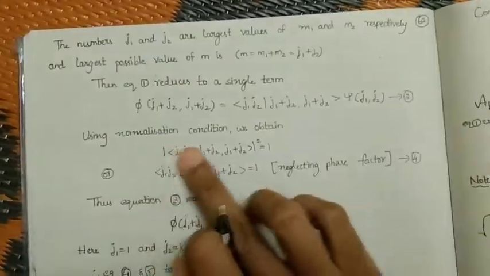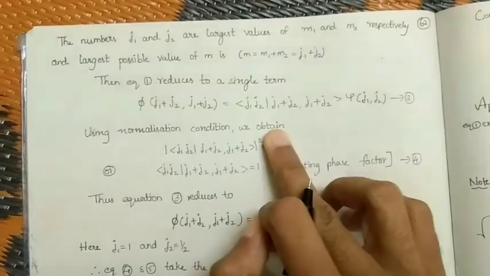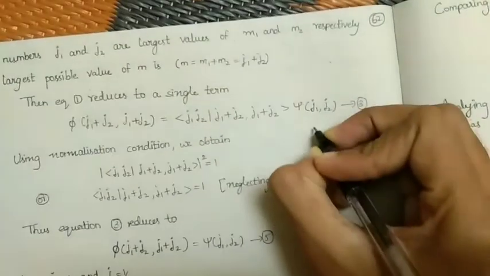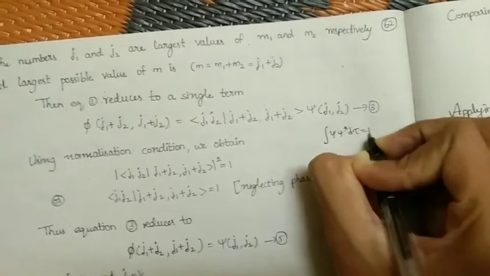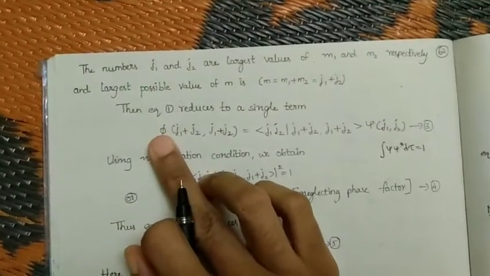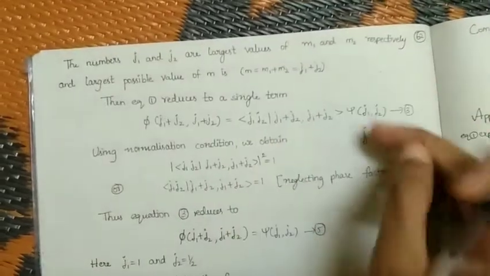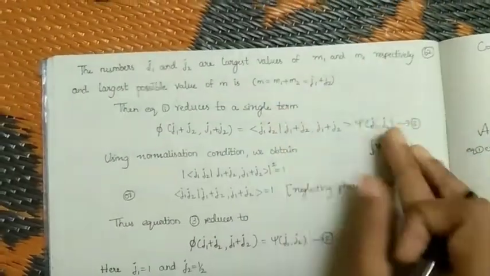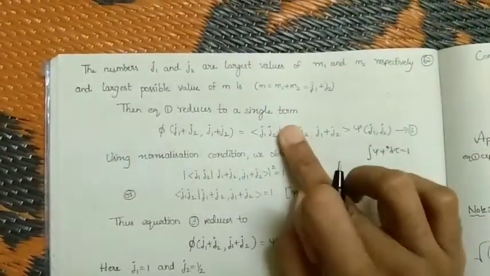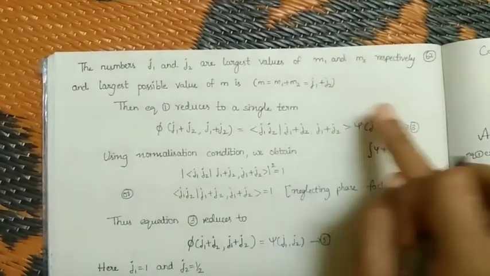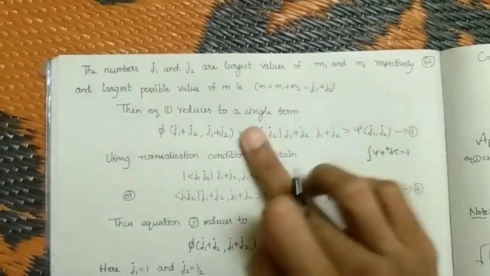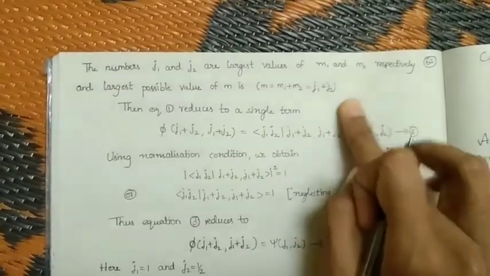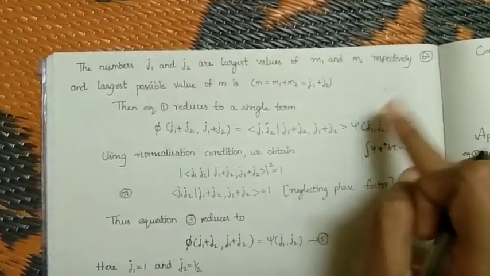And using the normalization condition we obtain the following. We know that the normalization condition is nothing but the integration of xi star d tau equals 1. In the same way, the integration of phi star d tau equals 1. So on the right hand side, we take the integration of this term multiplied with xi star and the conjugate of this bracket, and we would have the integration of xi star d tau equal to 1.